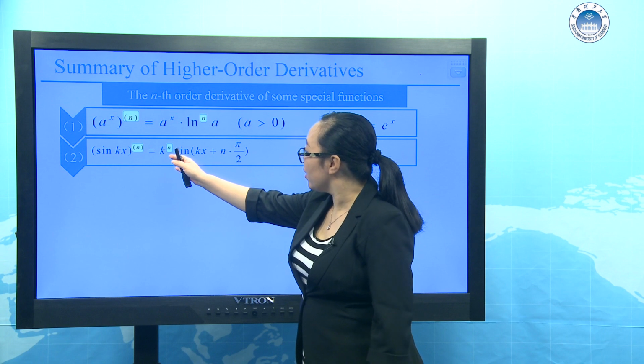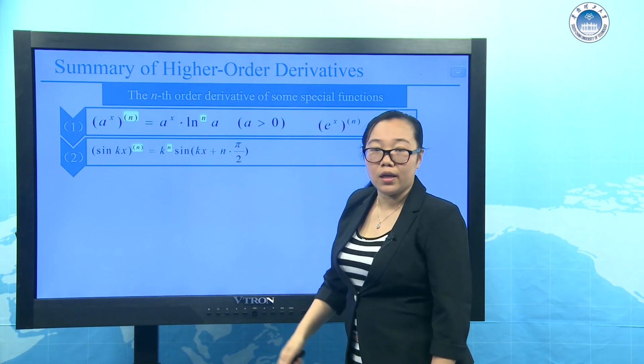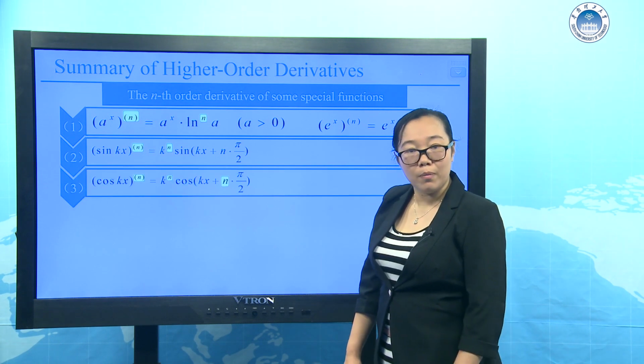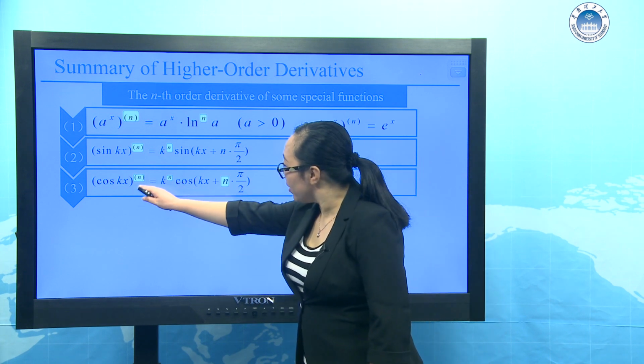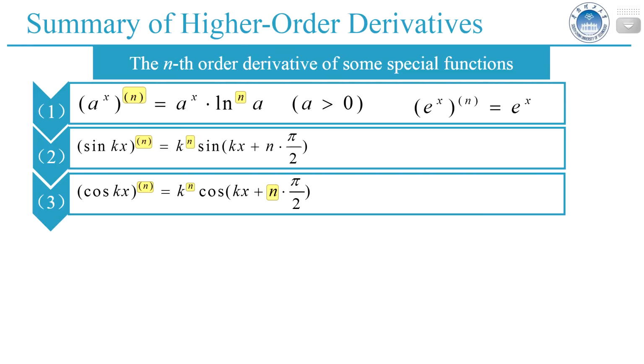So k^n is taken out, giving k^n sin(kx + n·π/2). Correspondingly, the nth derivative of cos kx equals k^n cos(kx + n·π/2), because again the number of derivatives means the number of k's taken out.